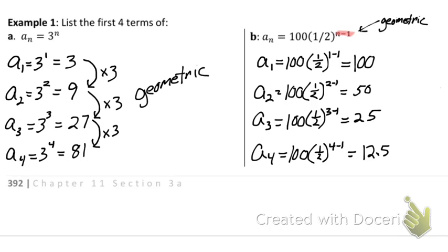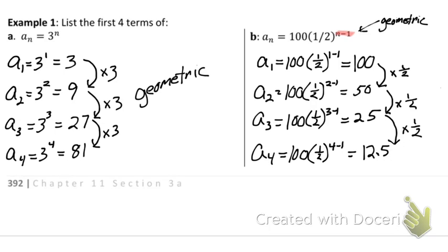So to reconfirm it's geometric, I would note that we're going to multiply by 1/2, multiply by 1/2, multiply by 1/2. So not only can I look for the 1/2 here, I also know I should have multiplied by 1/2 to begin with. Whatever number is attached to my n is going to be my common ratio.